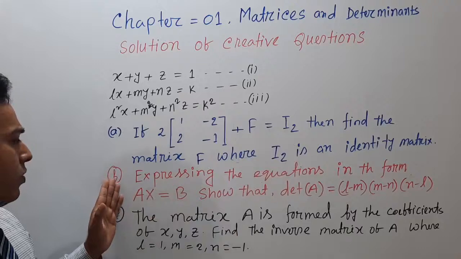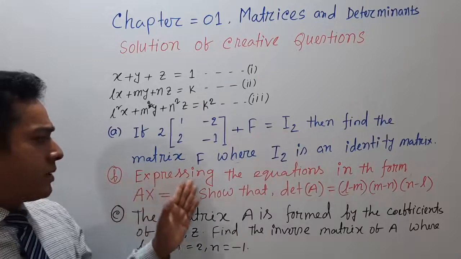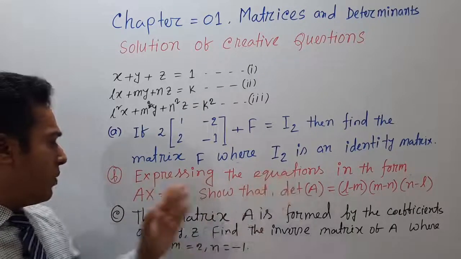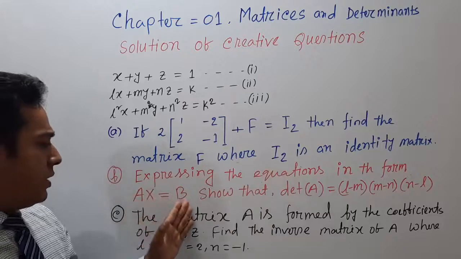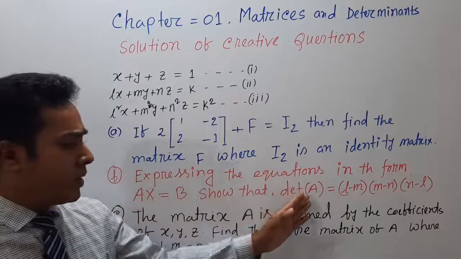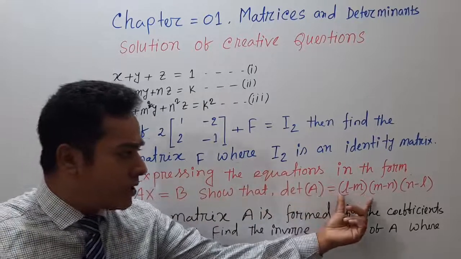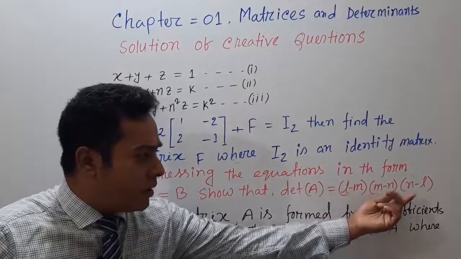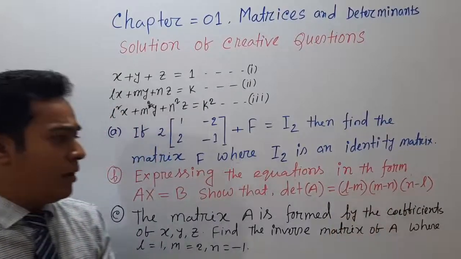Okay, and now question number B: expressing the equation in the form of Ax equals B, show that the determinant of A is equal to (L minus M)(M minus N)(N minus L).